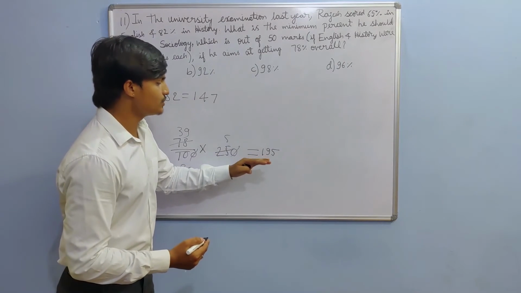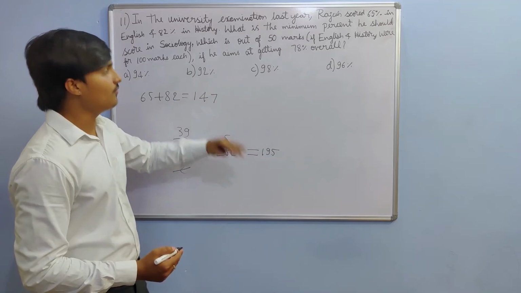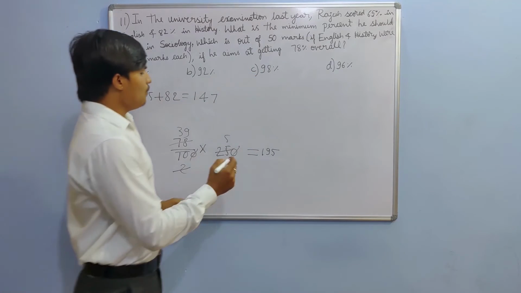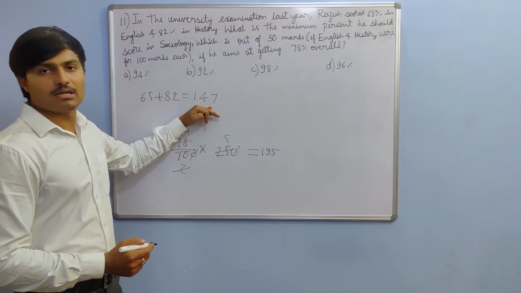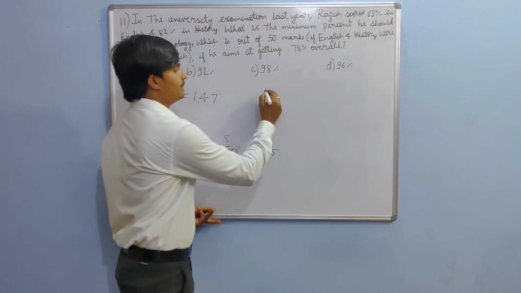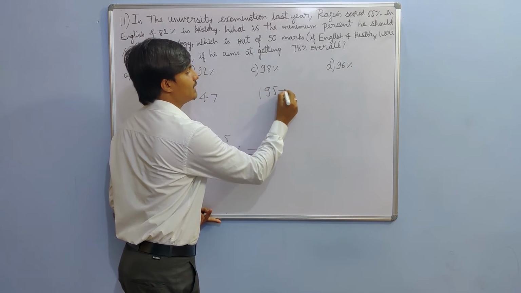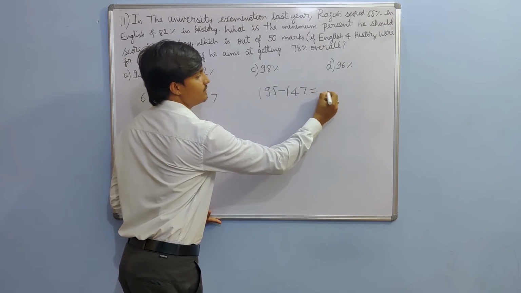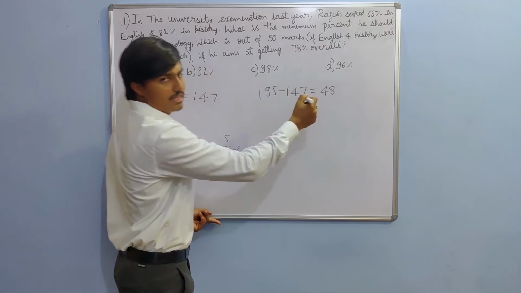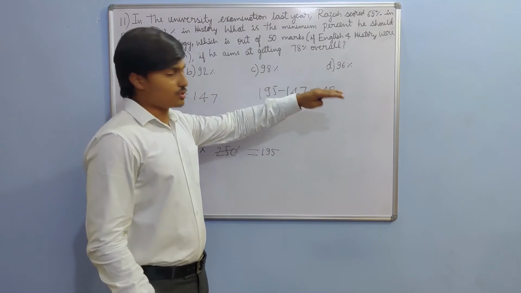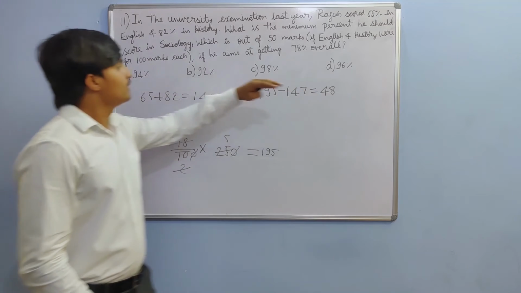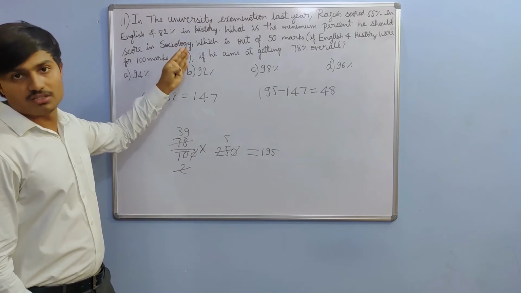So he has to score 195 marks out of 250. Now, by subtracting 147 from 195, that is 195 minus 147, which is equal to 48. Now we should score 48 in sociology.